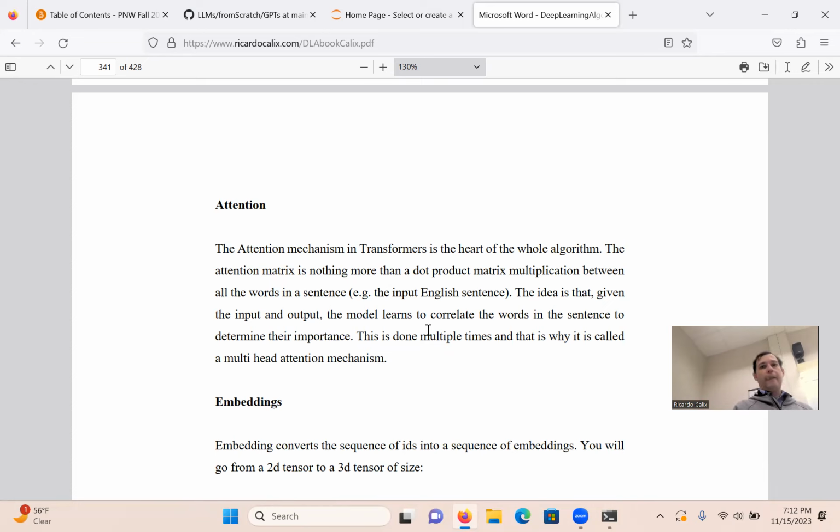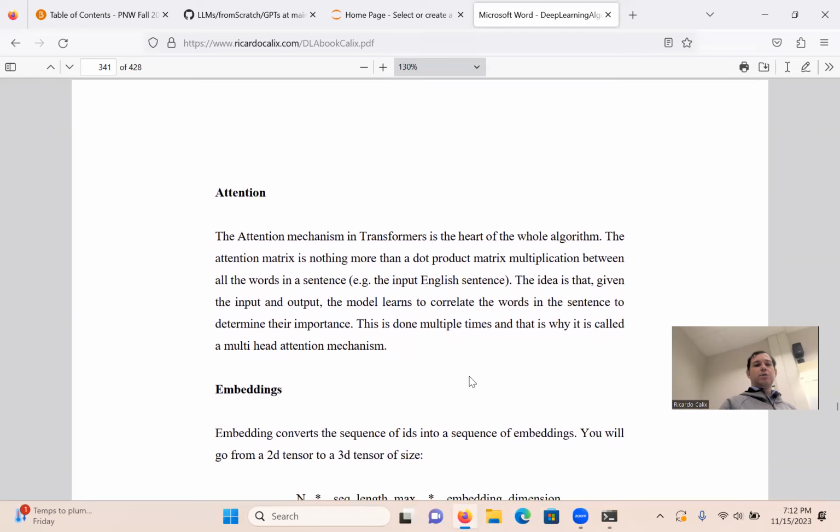The attention matrix is nothing more than a dot product matrix multiplication between all the words in a sentence, for instance, the English sentence. The idea is that given the input and output, the model learns to correlate the words in the sentence to determine their importance. This is done multiple times, and that is why it is called a multi-head attention mechanism.